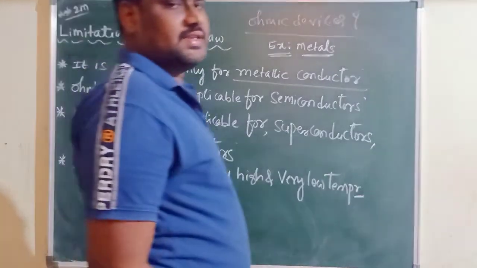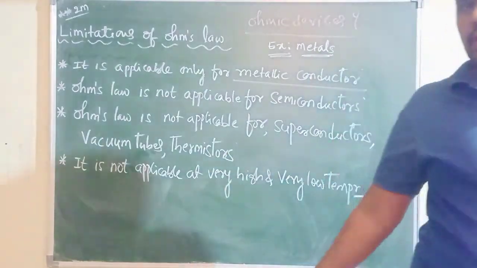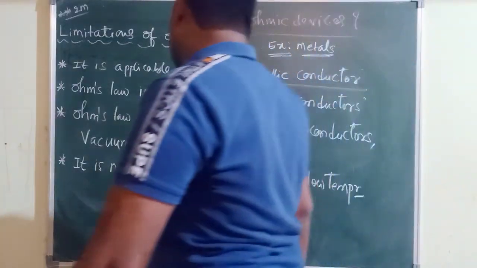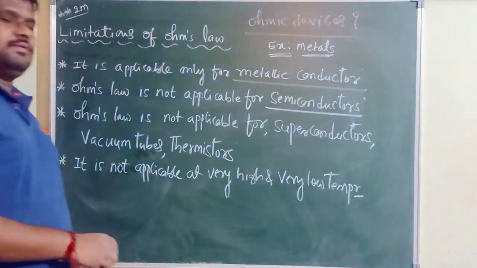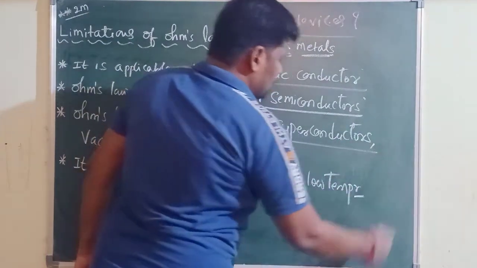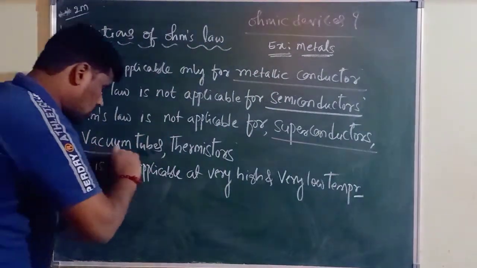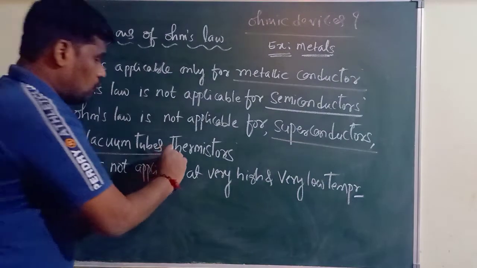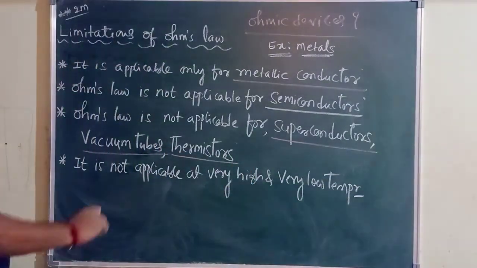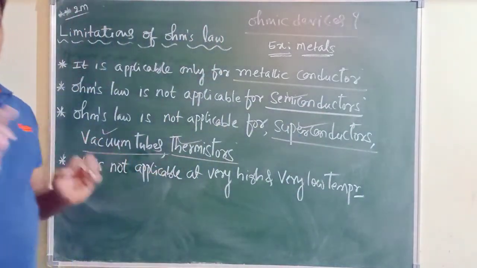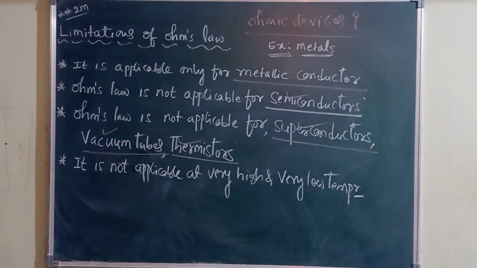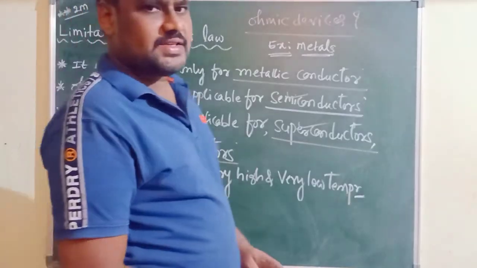The devices to which Ohm's law does not apply, we call them non-ohmic devices. What examples? Ohm's law is not applicable for semiconductors, superconductors, vacuum tubes, and thermistors. All these are examples of non-ohmic devices. Hope you get my point. Devices for which Ohm's law is applicable are called ohmic devices.